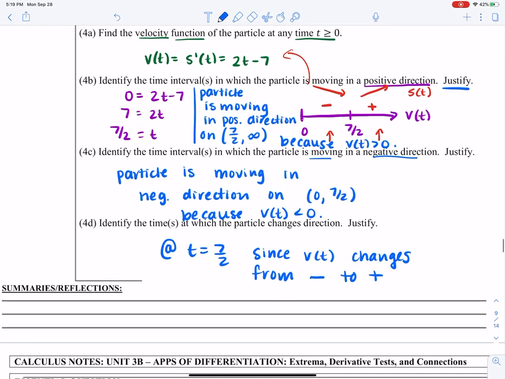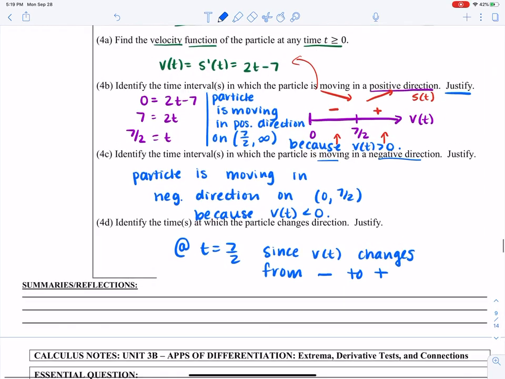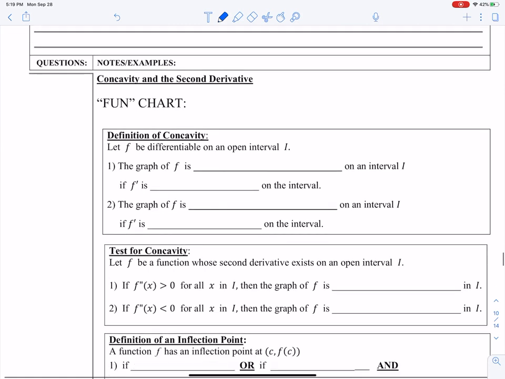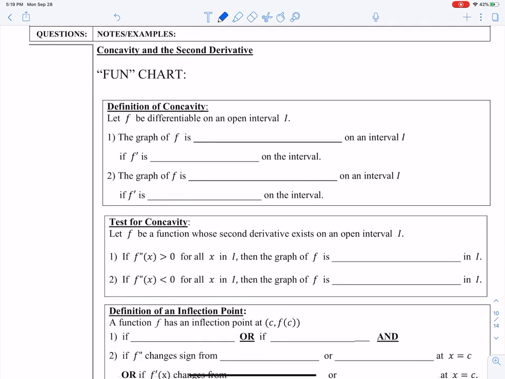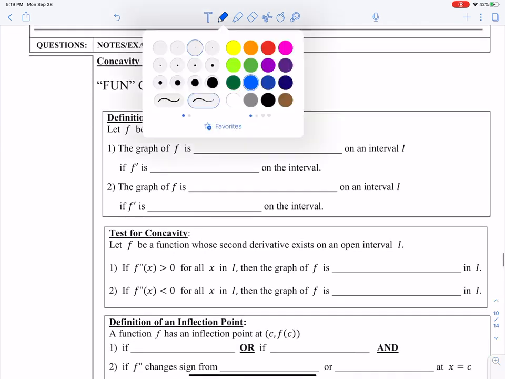So we're going to continue on and talk about something called the fun chart. The fun chart looks like this.